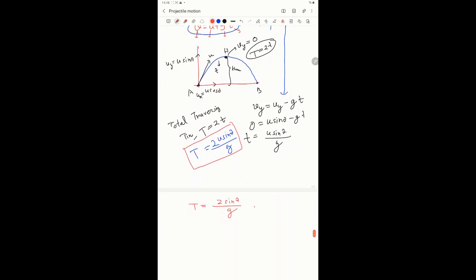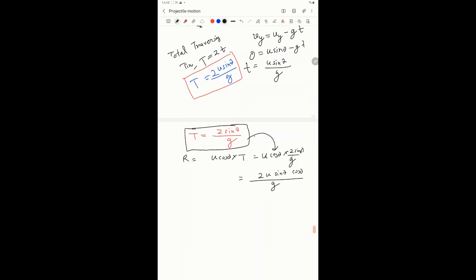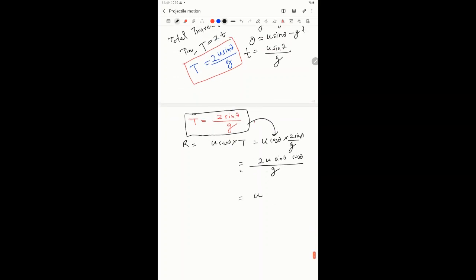Now we know that range equals u cos theta into this traversing time, so we substitute t with 2u sine theta by g, giving u cos theta into 2u sine theta by g.